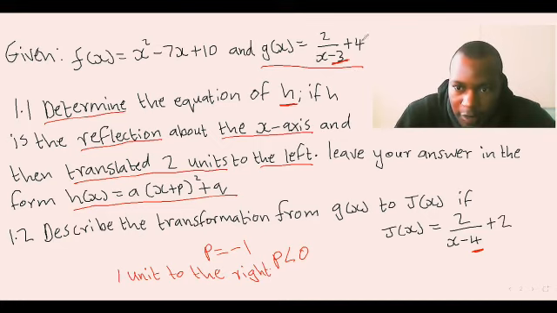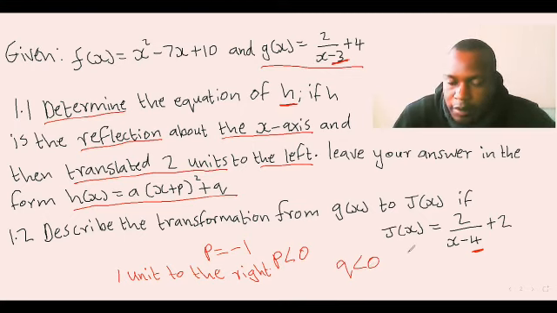The q is different as well. It goes from a plus 4 to a plus 2, so 2 units were subtracted. It means that q would be less than 0, which means that the function itself was moved downward by 2 units.